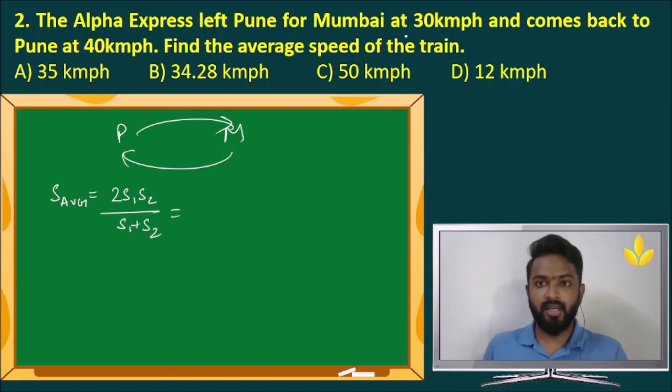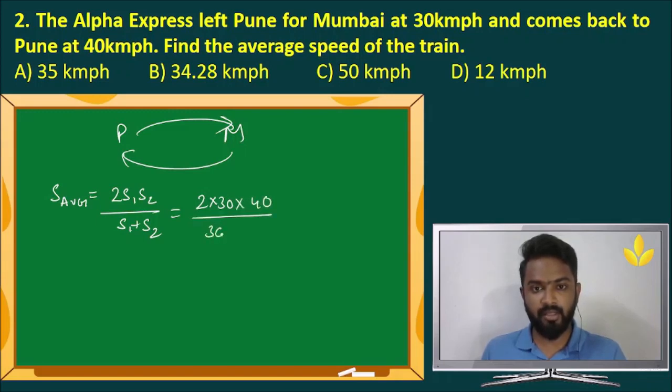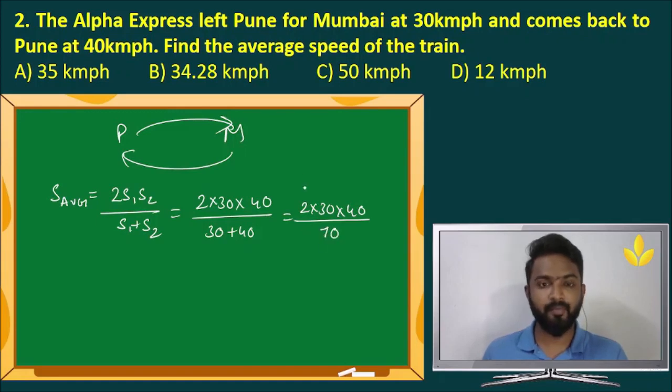Let's do this. S1 is 30, S2 is 40. This is nothing but 2 into 30 into 40 divided by 70.